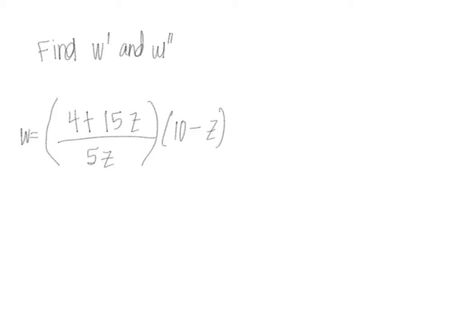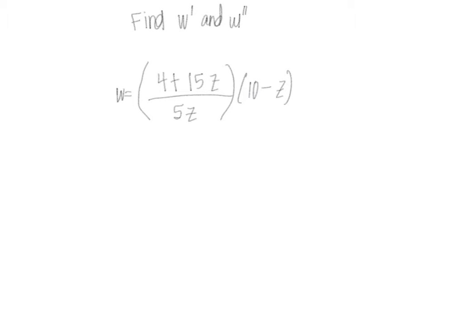Now, again, this is a product with a quotient inside. This is just a completely different problem, but it is possible to have a quotient rule with a product inside, but that's different than what this problem is.